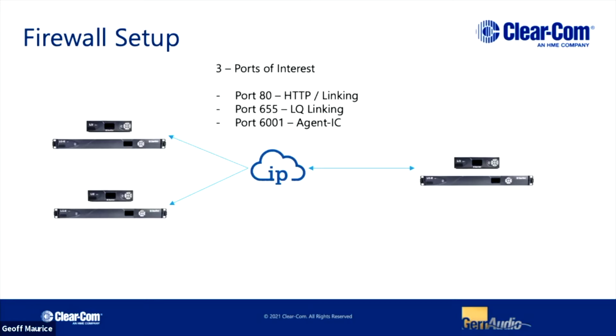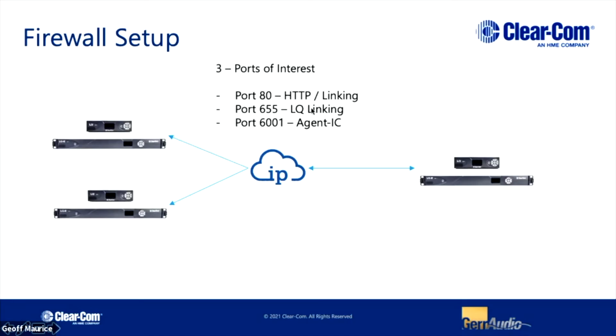Sometimes it's heavily blocked. But a lot of times, what we've found is that opening up these ports, making them available to the outside world from the host end, something we call the link master, means that you can walk around with an LQ box or Agent IC on a phone or a device, and it will connect in with no issue that way. That's not everywhere, of course, but in a lot of cases you can get away with that.